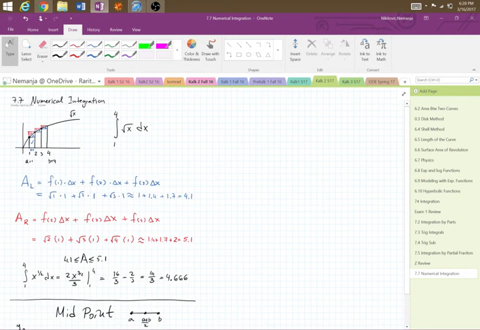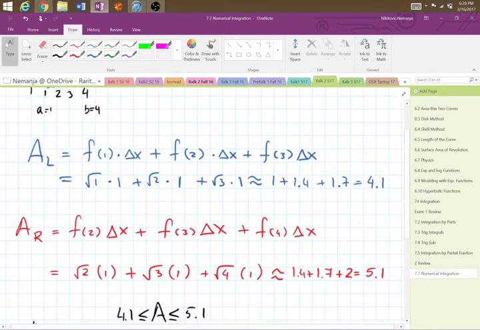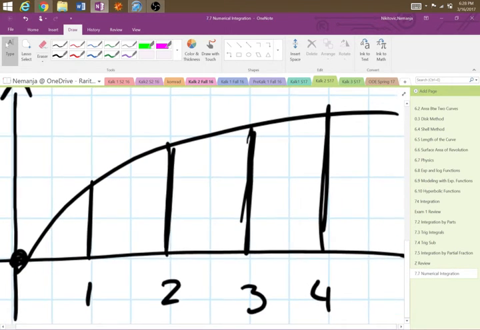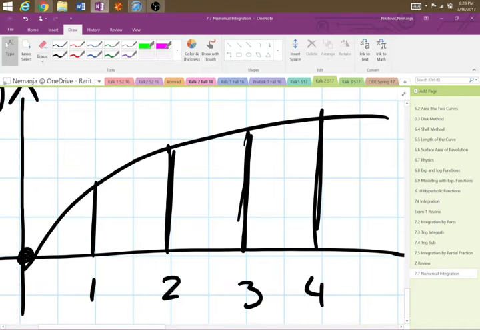Now let's see if we can do better than that. So say I have this situation, and now instead of using any of the endpoints, I go to the midpoint, I extend the line, and wherever it hits the function, that's where I draw a horizontal line.